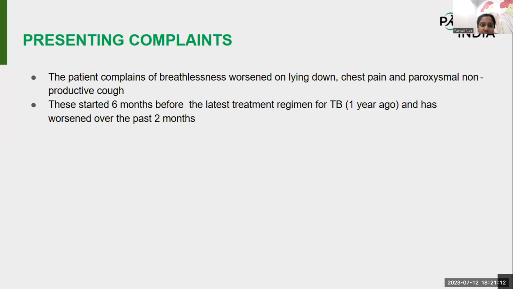At the moment when I'm presenting, the patient complains of breathlessness, which is worsened on lying down, chest pain, and paroxysmal non-productive cough. These started 6 months before the latest treatment regimen for TB. The latest treatment regimen was 1 year before, and these symptoms started 6 months before that, but have worsened over the past 2 months.